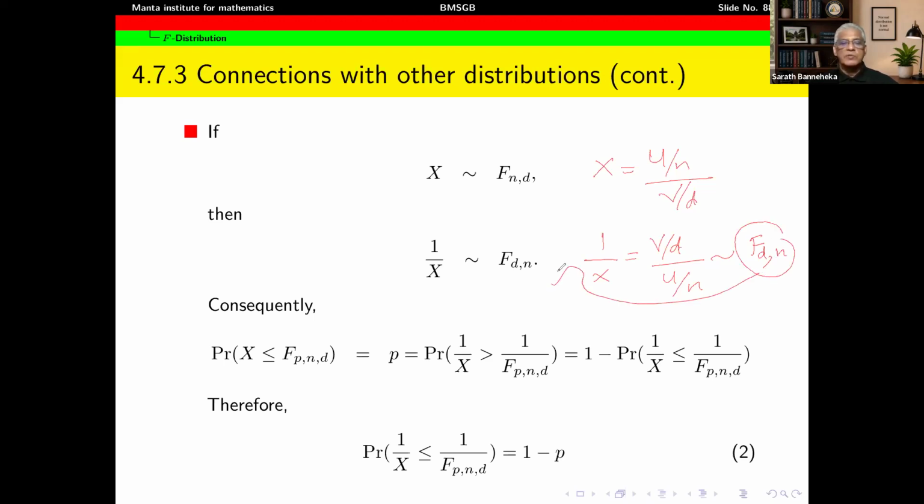So that's what we have here. And the first number is always the numerator degrees of freedom. Second one is the denominator degrees of freedom. So that's a useful result also.